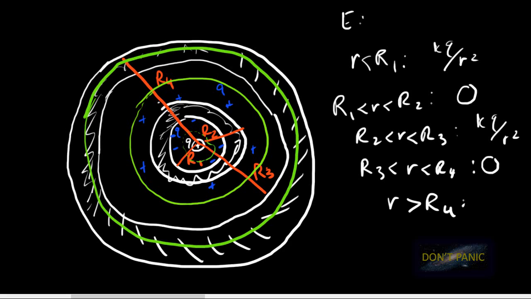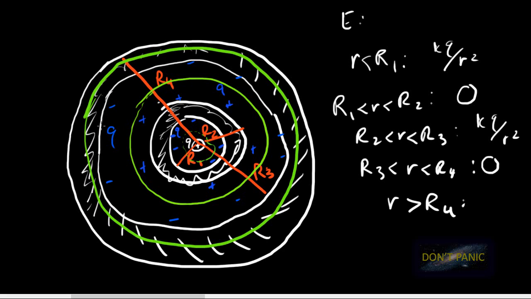Then it needs to see a net charge of zero. Right now, there's this Q, and there's this minus Q, and there's this plus Q. So this plus Q has to disappear somehow. So some minus Q comes on the inside from this initially neutral conductor. So this is minus Q. So now the net charge seen by this Gaussian surface is zero. So it makes sense that the electric field is zero.